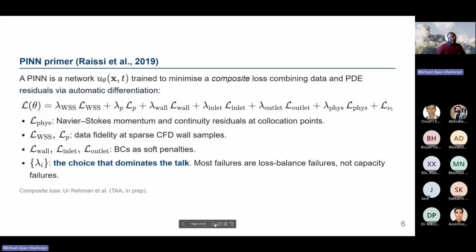Okay, so I don't know if everybody knows about physics-informed neural networks, but I think it's a very common method as of now, and there are so many libraries that you can use to solve this problem.